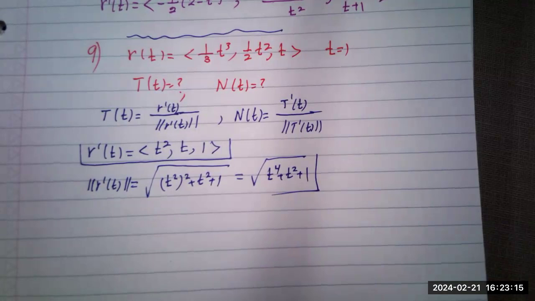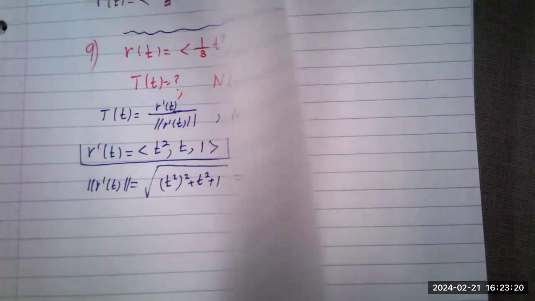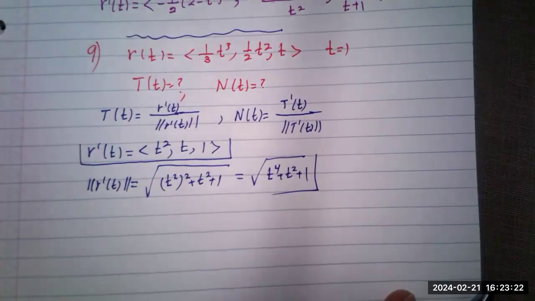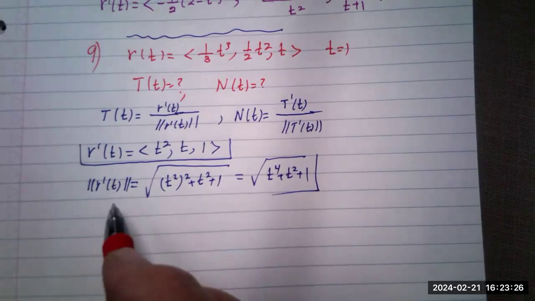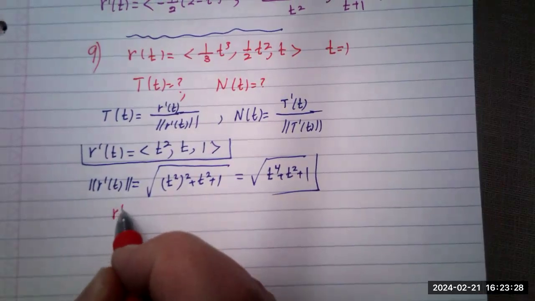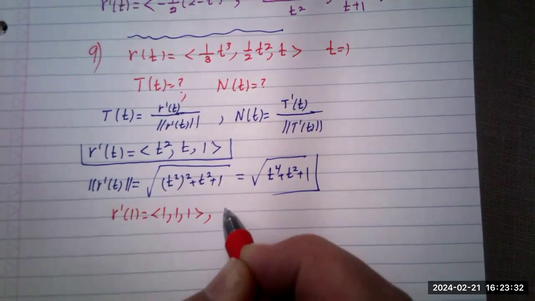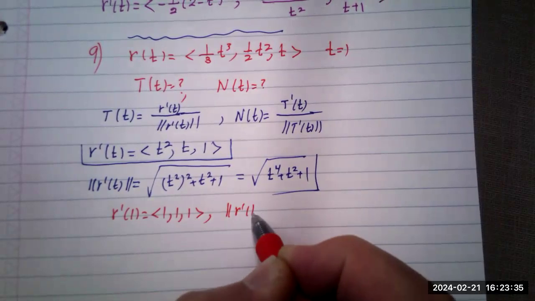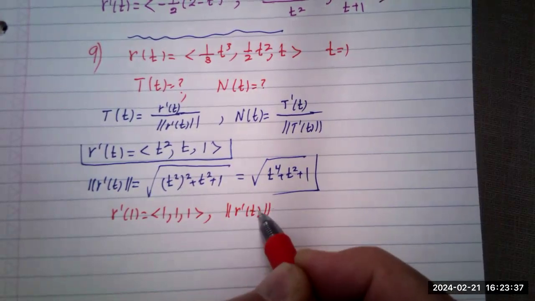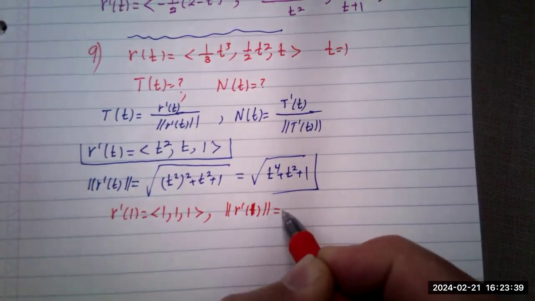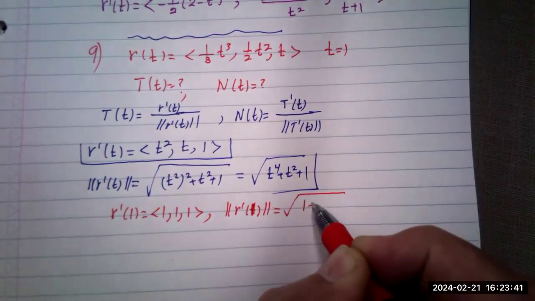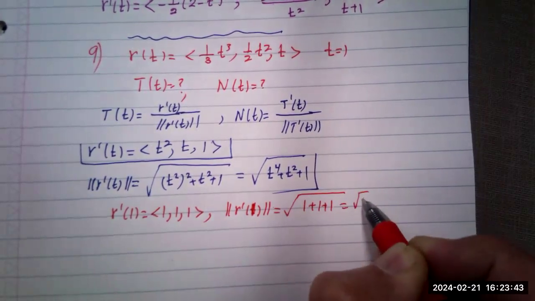Okay. So you can get it at 1 to talk about the normal, but we have to come back to it again. Okay. So there you are. R prime at 1 is going to be 1, 1, 1. And the norm of the r prime at 1 is simply the square root of this, 1, 1, 1, which would be radical 3.